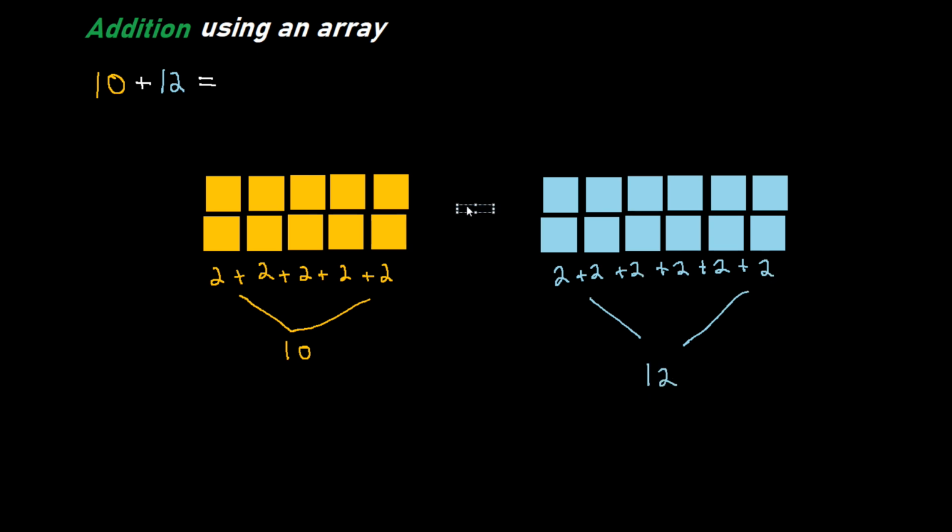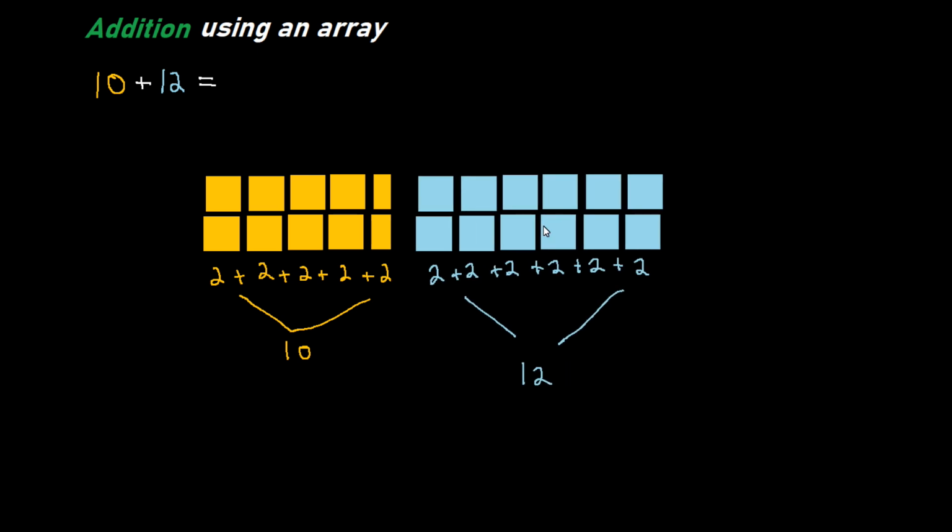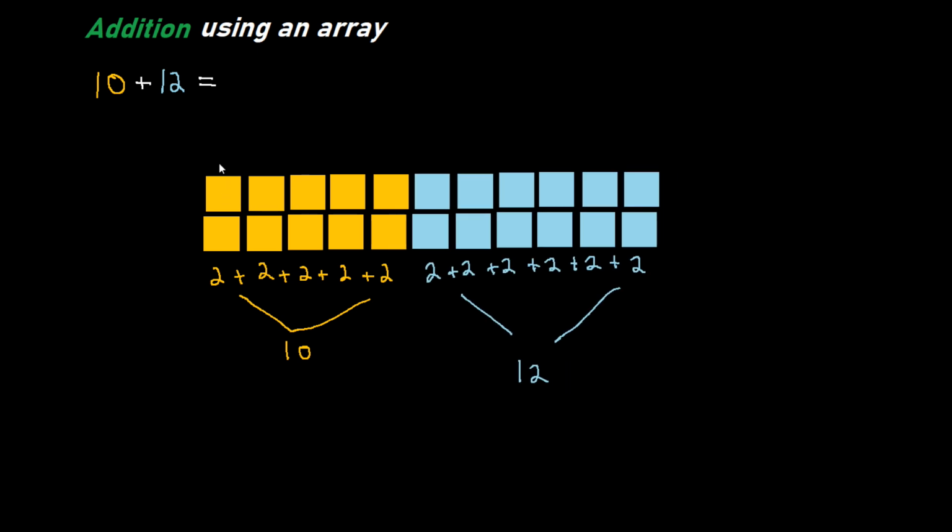When we add 10 plus 12, we can put these together, and now we can count 2, 4, 6, 8, 10, 12, 14, 16, 18, 20, 22. So the answer for this one would be 22.